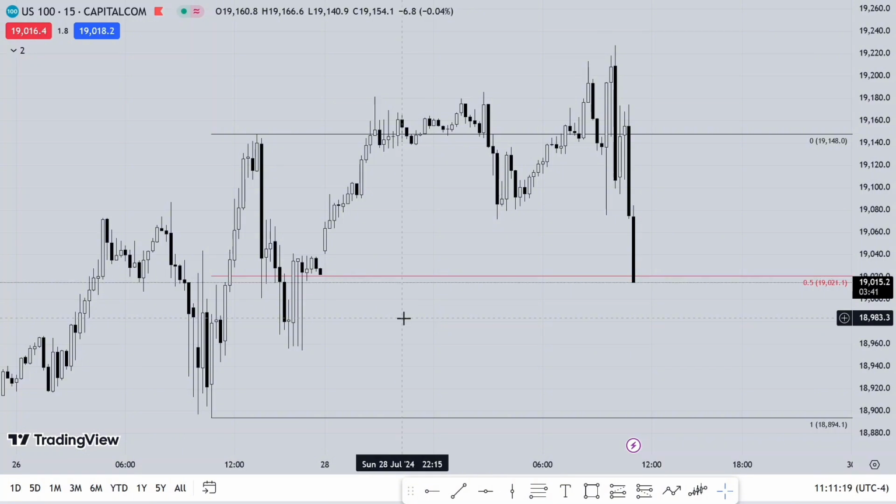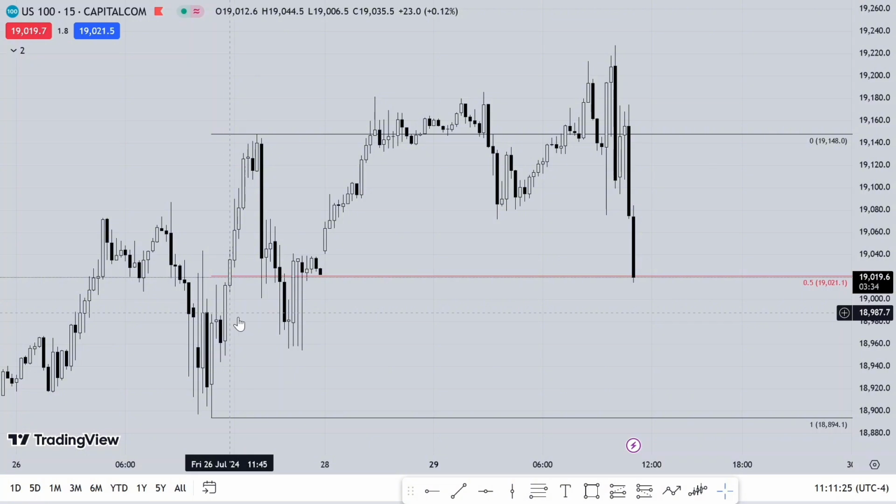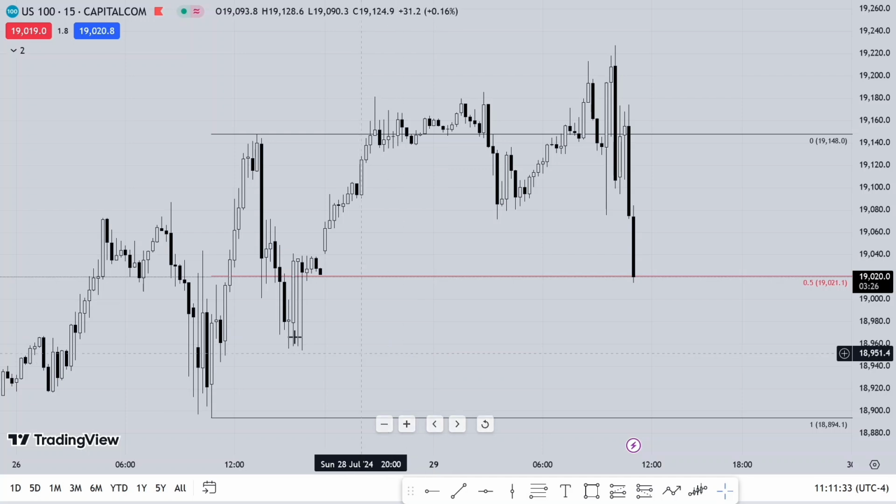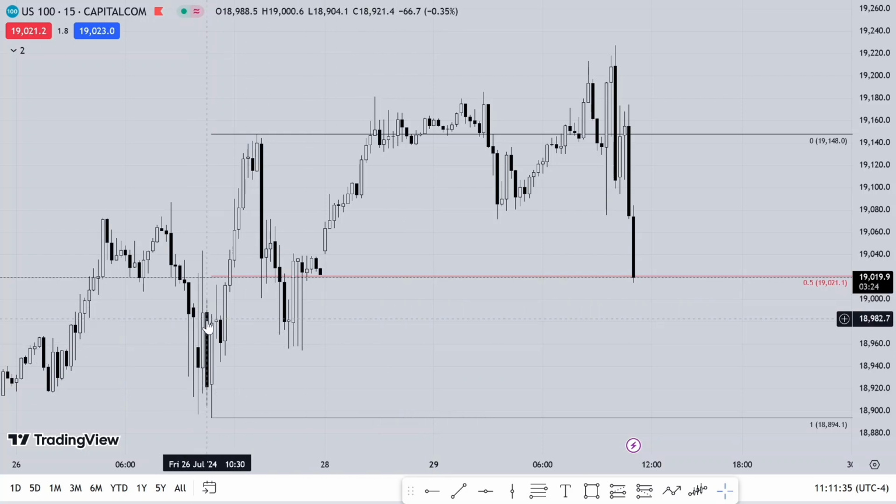So at the discounted price, smart money orders will be resting at a discounted price, either at an imbalance or at an order block, which in this instance is a down close candle, which is a bullish order block. So smart money orders will be resting there.